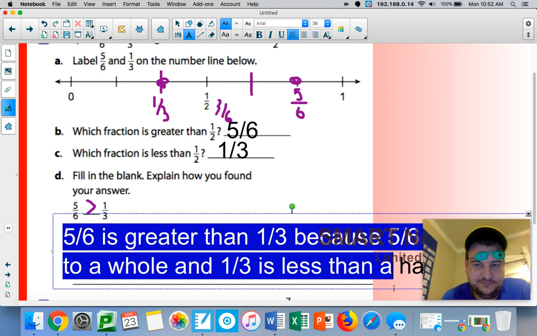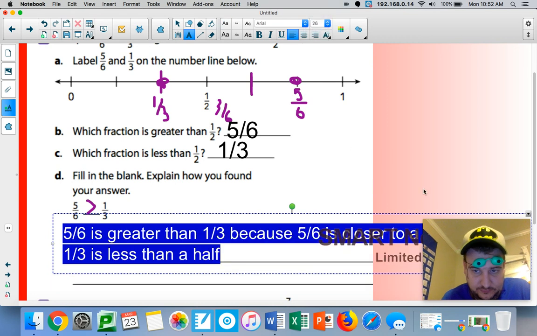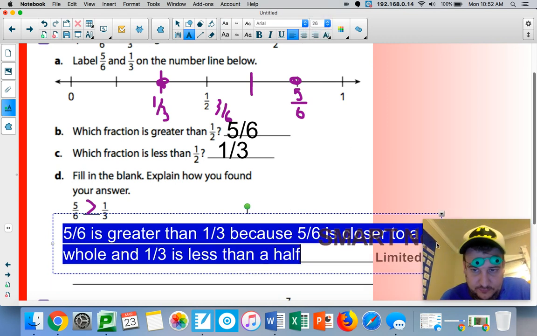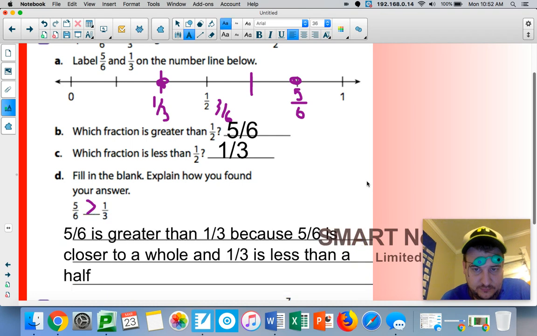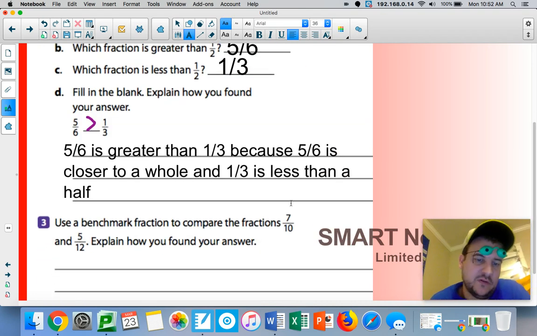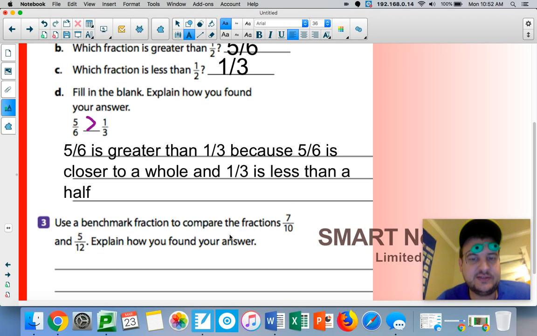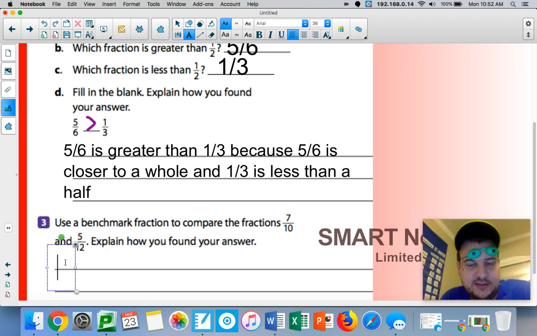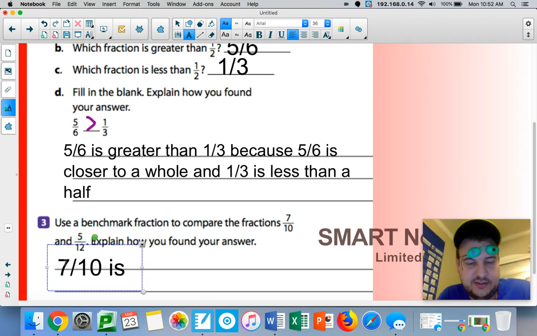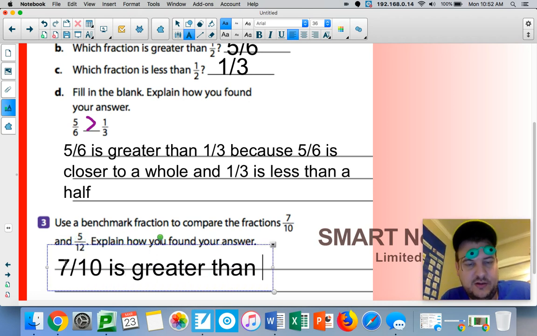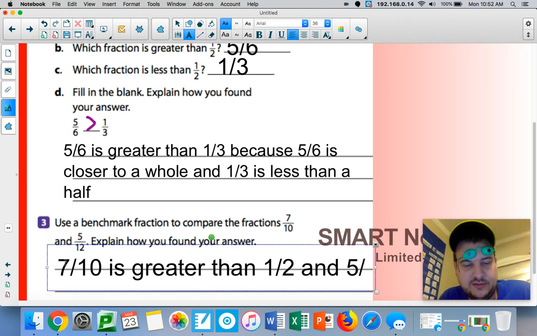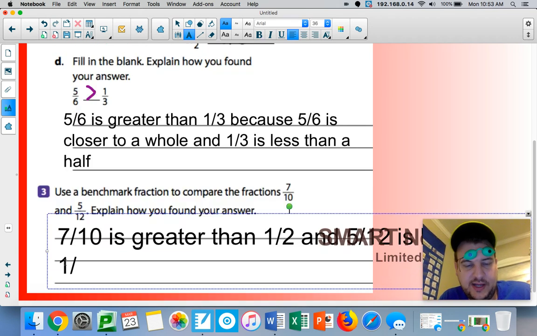Now, y'all. Use a benchmark fraction to compare 7/10 and 5/12. Okay, 7/10 is greater than 1/2, and 5/12 is less than 1/2.